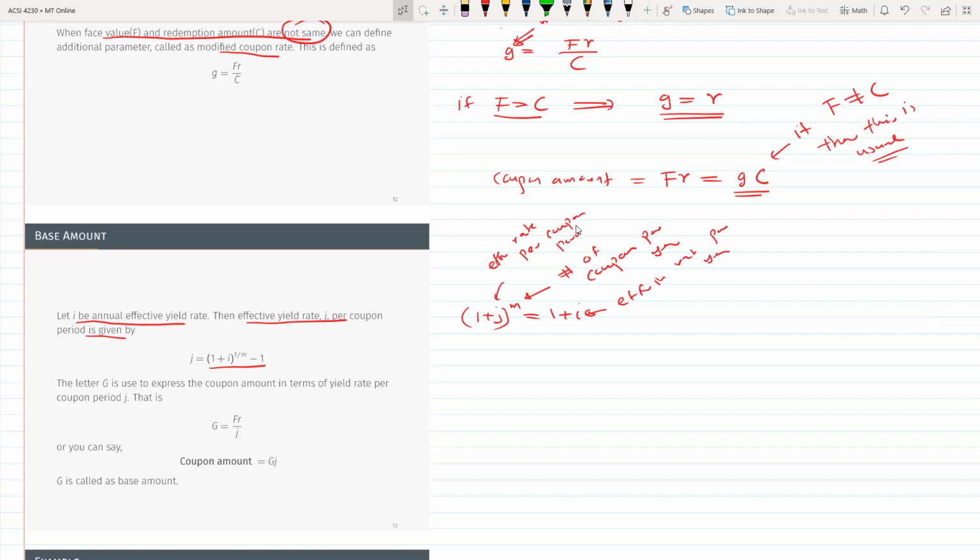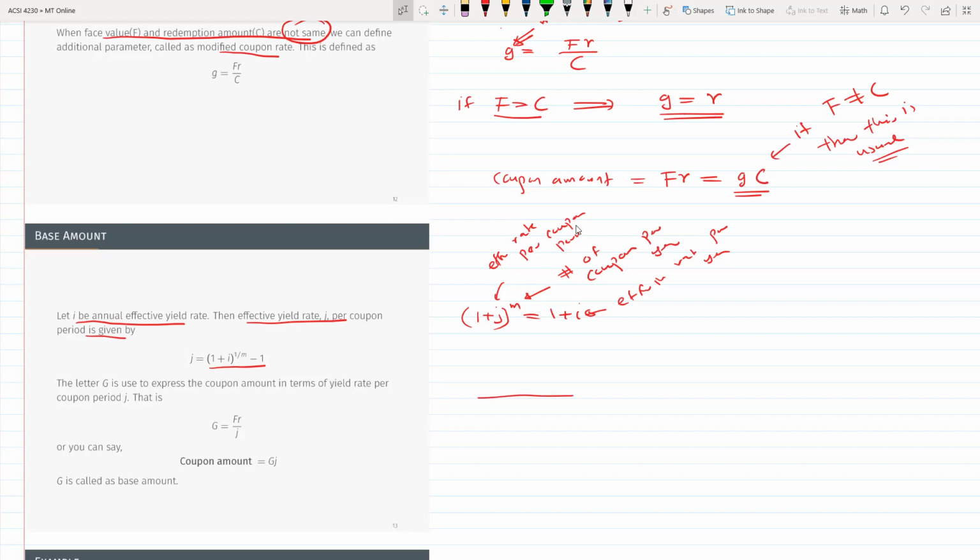Once you have this, the base amount is defined using this formula. It is defined by Fr over j. That's called the base amount. Or coupon amount is G times j, which is equal to Fr.